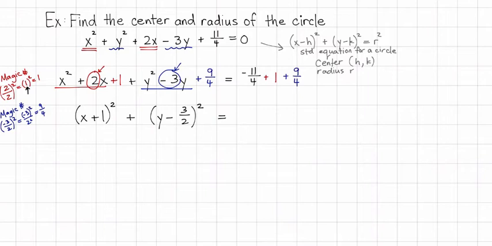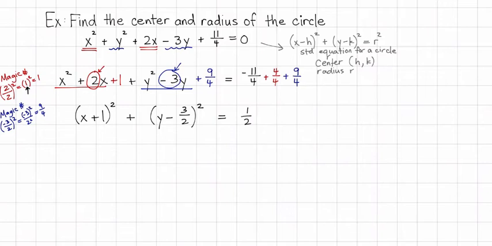So let me change this one. 1 is the same thing as 4 over 4. And that's going to allow me to add these together. If I've got 11 over 4 plus 4 over 4 plus 9 over 4, that gives me 2 over 4. But let's simplify that. Divide the top and the bottom by 2. That just gives me 1 over 2.